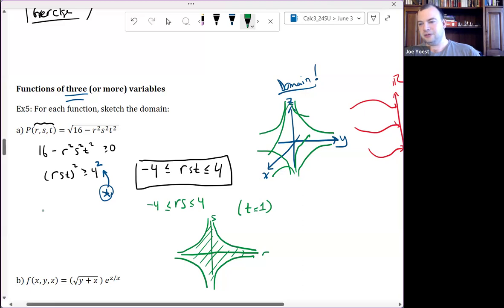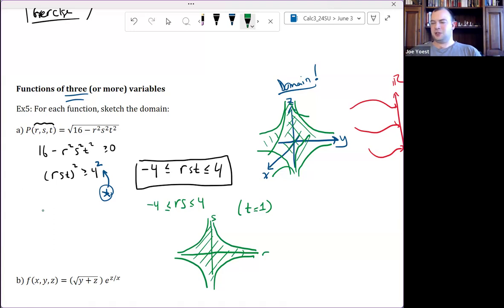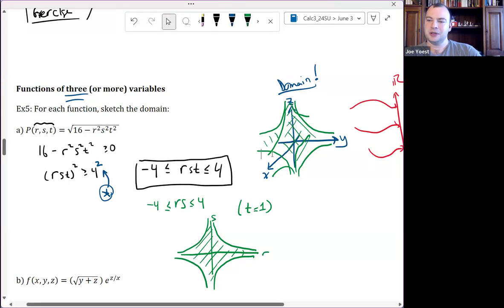So the interior of this volume is kind of like 8 poles or 6 poles in a sense, going in each direction. Maybe it looks a little bit like one of those jacks, if you ever played balls and jacks. Something along those lines. So the interior of that volume is going to be our domain.